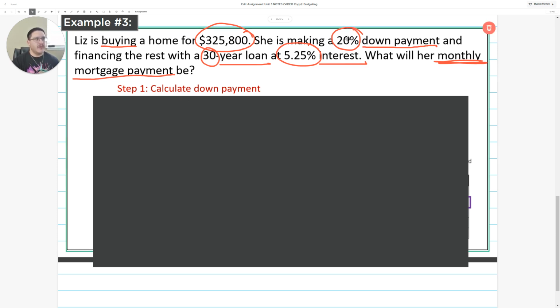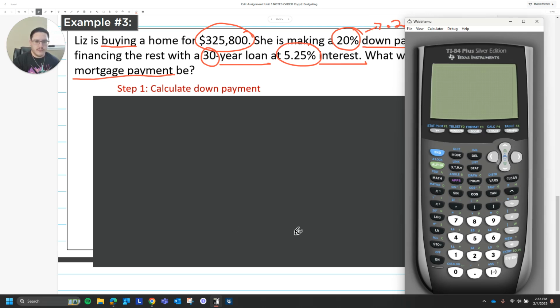The down payment is 20% of the home. So 20% as a decimal is actually 0.2. You can move the decimal point to the left twice or divide by 100, and we will get 0.2, which we're going to multiply by the cost of the house.